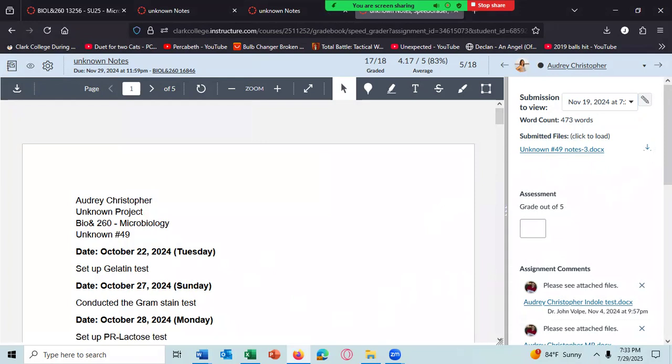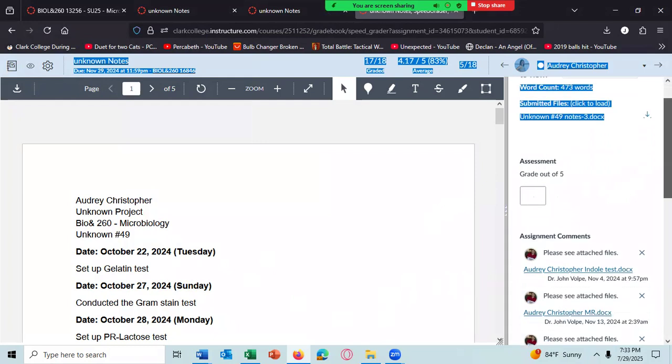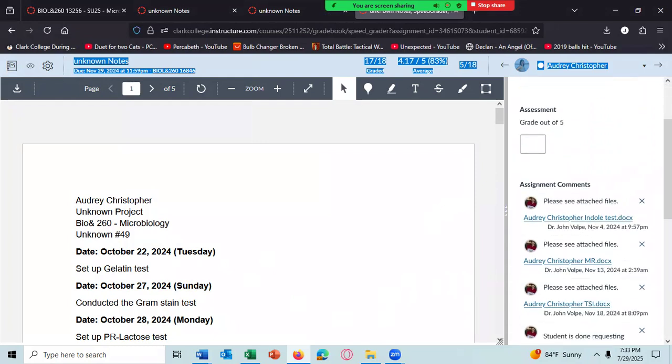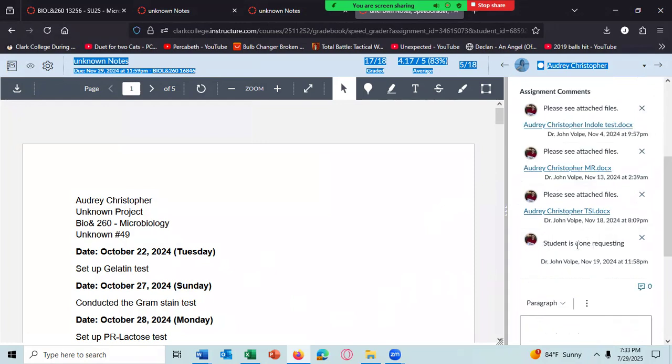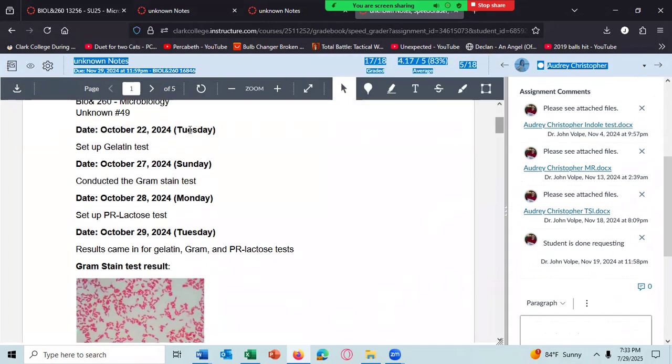And you'll note that I give the test results here and any comments. There's really no comments that I'm adding here other than the student is done requesting. But here they asked for the gelatin test on the 22nd, the gram stain on the 27th, the PR lactose on the 28th, and the results came in for all three on the 29th, October 29th.